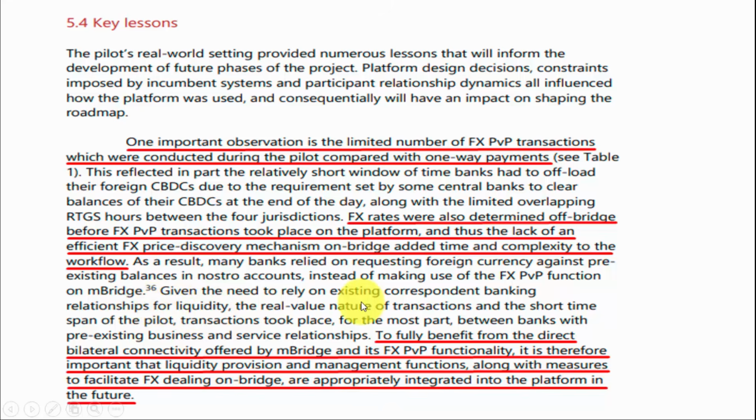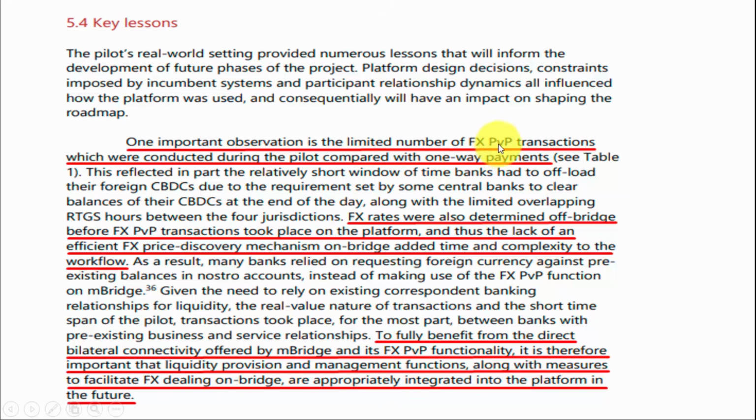Due to the lack of features on the bridge itself and lots of things having to take place off bridge, the central banks still relied upon the old systems of correspondent banking for liquidity, instead of using the FX PVP transaction feature where they can swap CBDCs between each other.